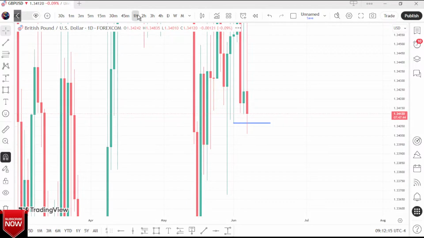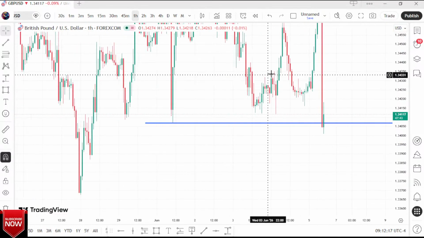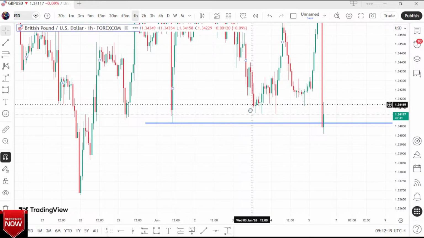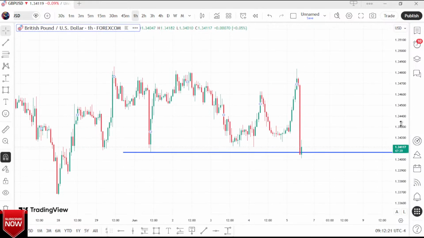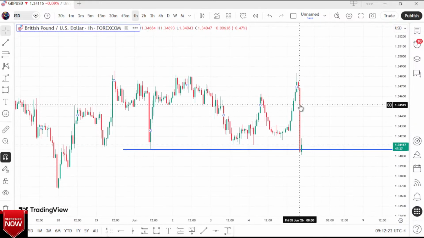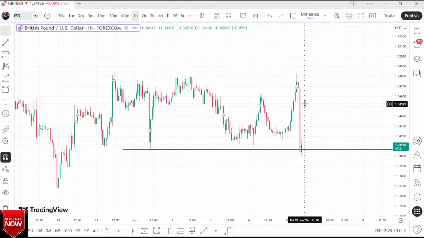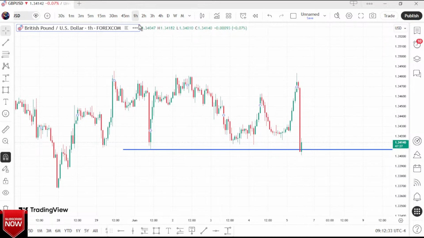So that consolidation, see that's a swing low in the daily. It has actually declined massively to that swing low in the daily, and we have got that 30 pip move down after the news release.